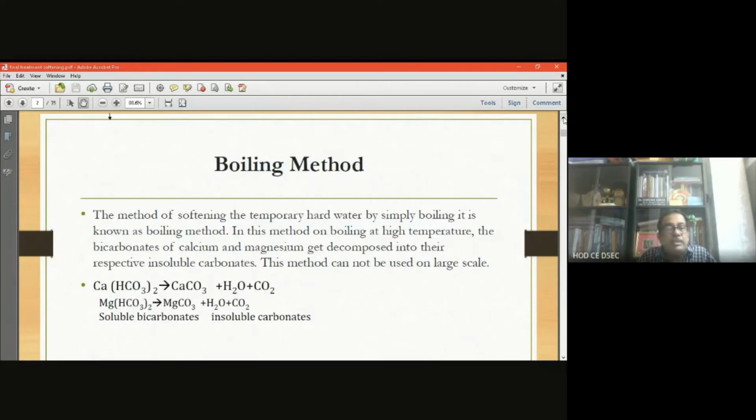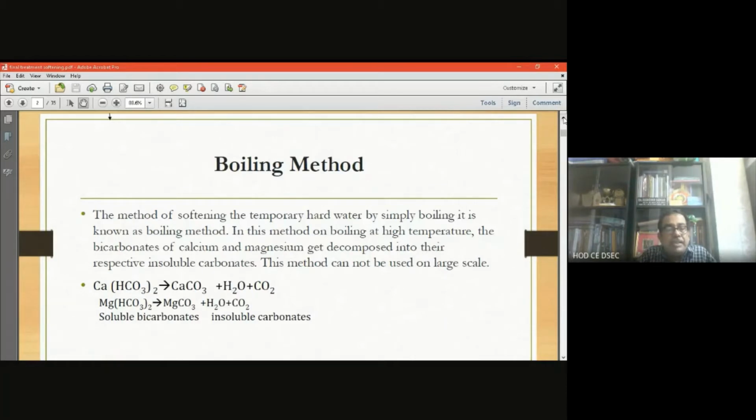If we describe the equation, suppose the responsible soluble ion is calcium bicarbonate, which is responsible for the temporary hardness. If we boil it, it is decomposed at high temperature into CaCO3 plus H2O plus CO2. Similarly, magnesium bicarbonate is decomposed into MgCO3 plus H2O plus CO2.